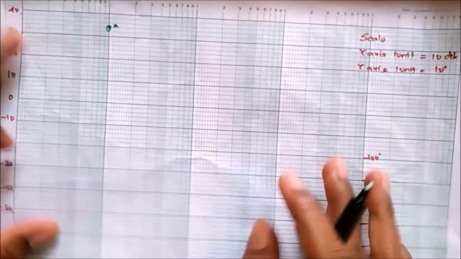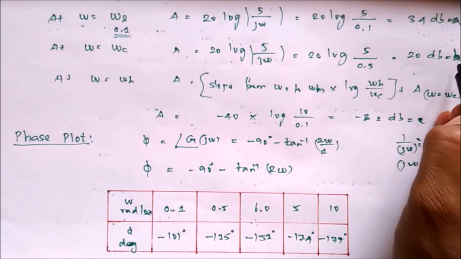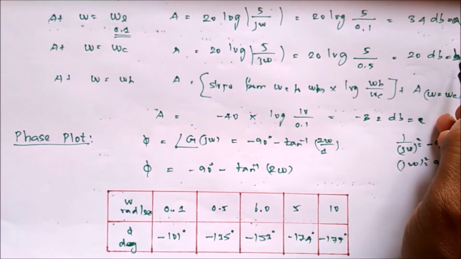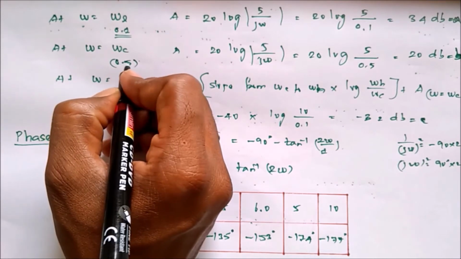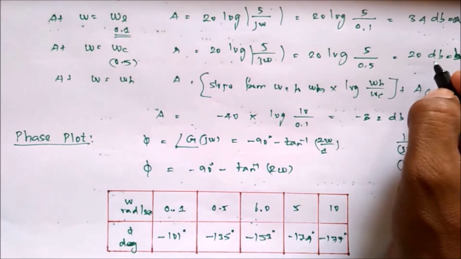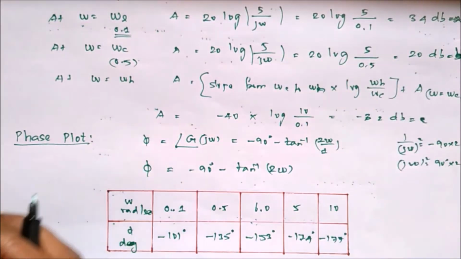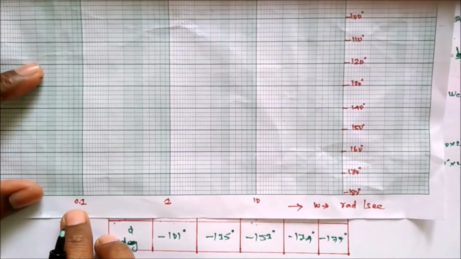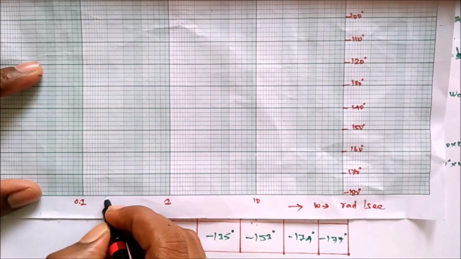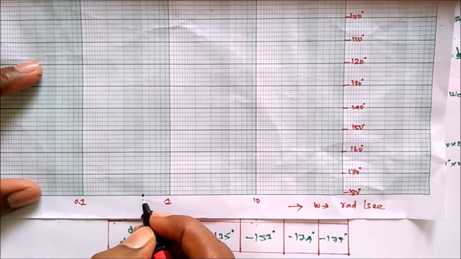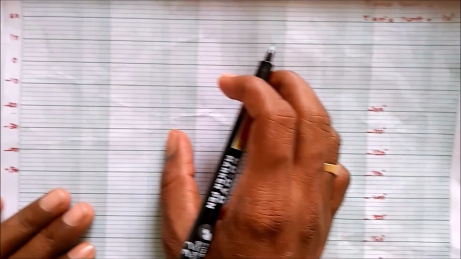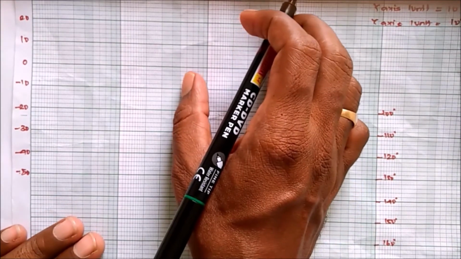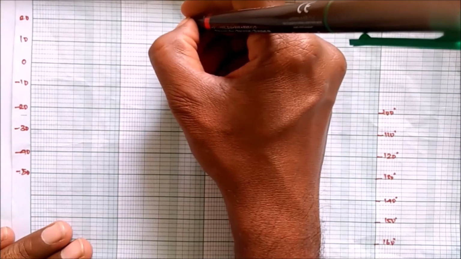So we can say it is point A. Next, point B. When omega equal to the corner frequency 0.5, omega c equal to 0.5, the corresponding magnitude is 20 decibel. Between 0.1 and 1 we have 0.2, 0.3, 0.4, 0.5, this is the 0.5. Therefore the corresponding magnitude is 20. So we can say this point is B.